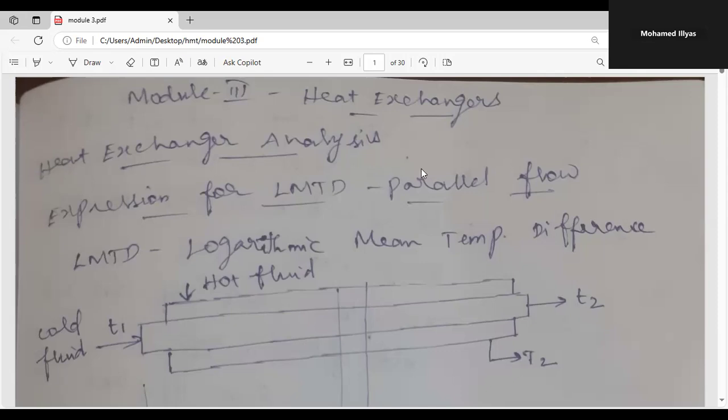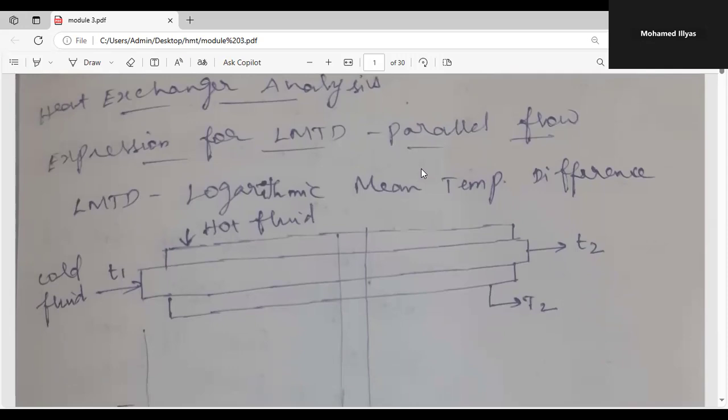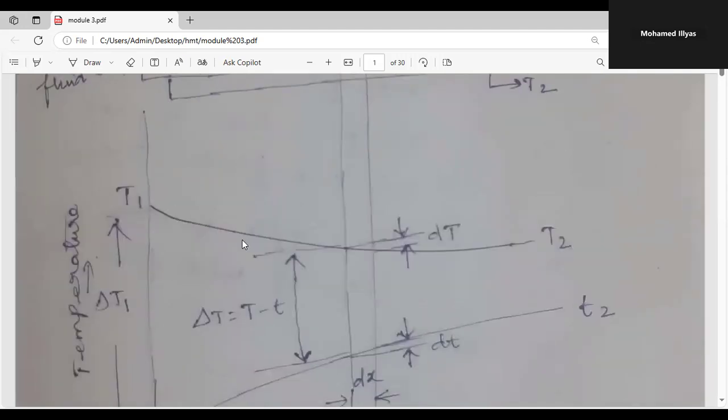Coming to the logarithmic mean temperature difference, when you see the heat transfer equation for a heat exchanger, as we have seen previously, Q equals UA delta T. The delta T refers to the terminal temperature difference between the inlet and outlet of the two fluids. For a solid, we can just use the terminal temperature difference. But for a fluid, there will be a continuous variation of temperature difference from inlet to outlet.